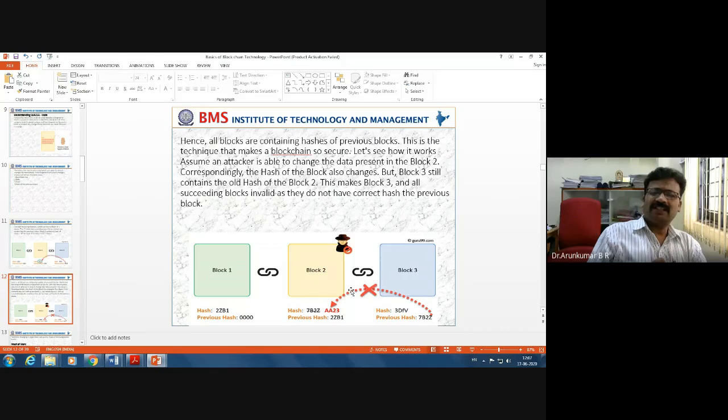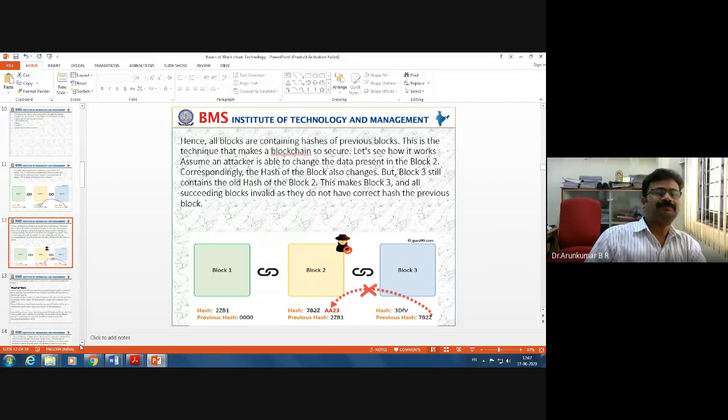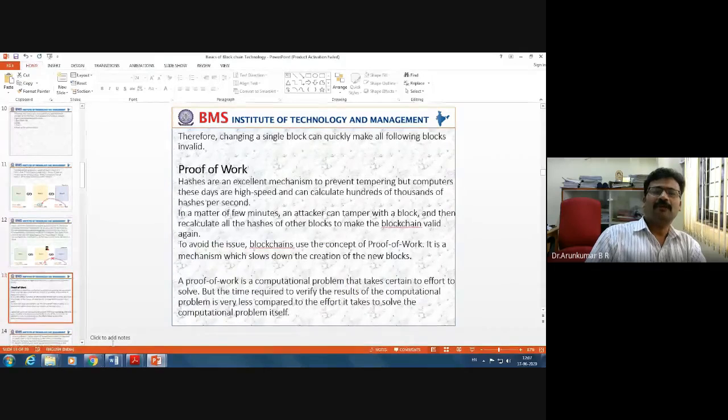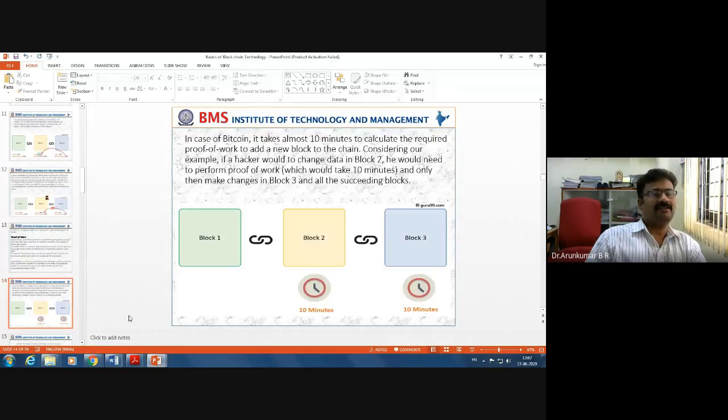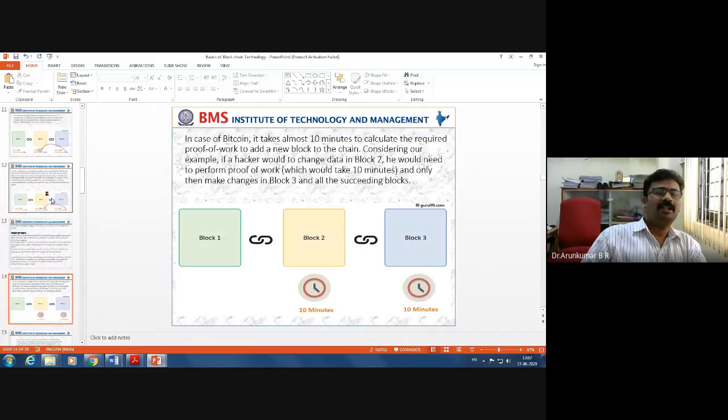So if he changes block 2, block 3 and succeeding blocks become invalid as they do not have the correct hash of the previous block. Therefore, changing a single block can quickly make all the following blocks invalid.